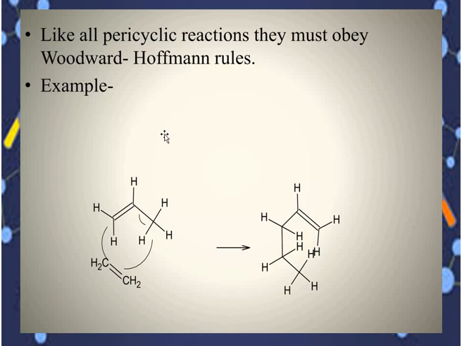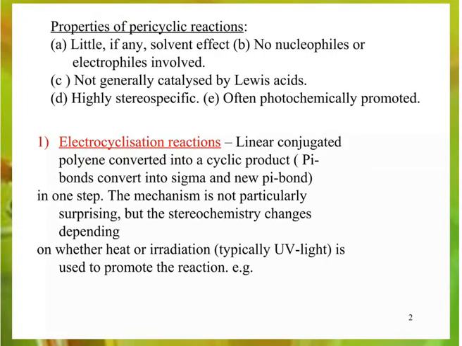If it is not followed in the reaction, it means this is not part of pericyclic reactions. Now, you can see another example of electrocyclizations. Electrocyclization we have seen earlier, how the cyclization occurs.